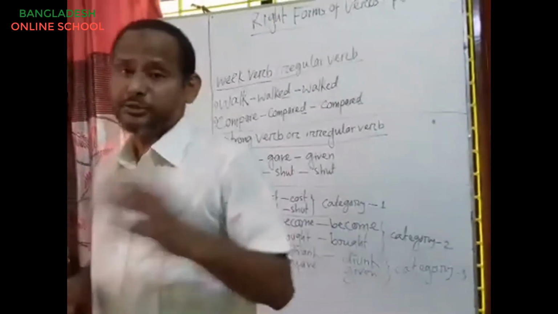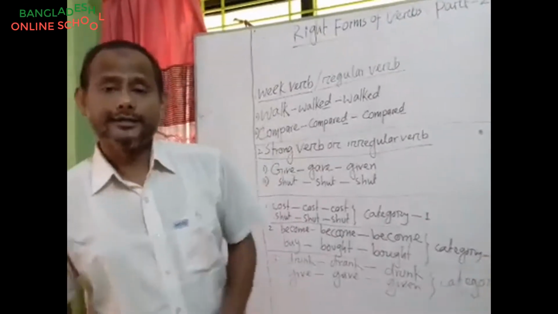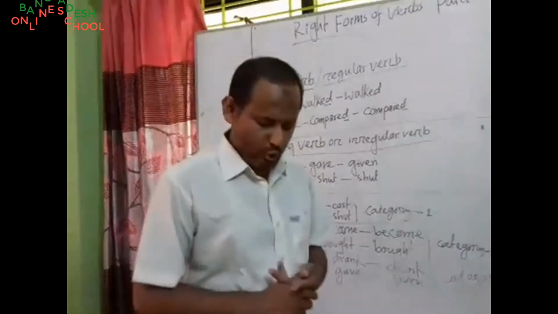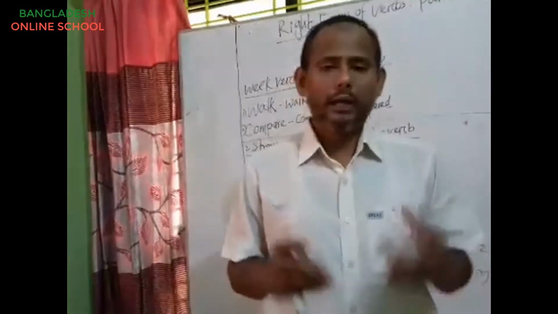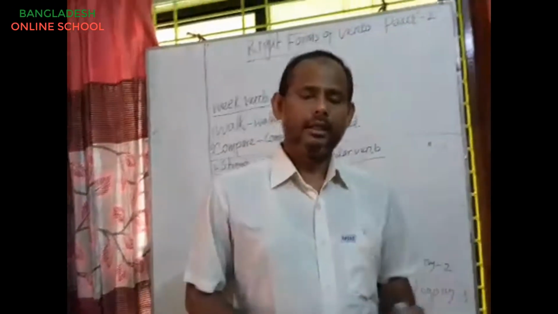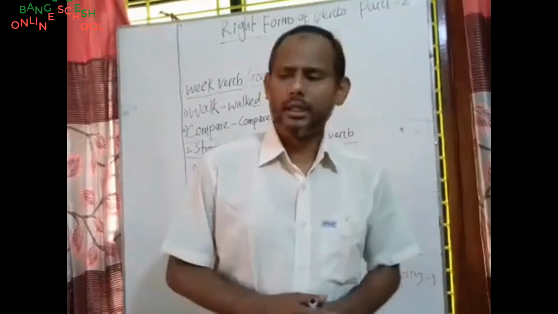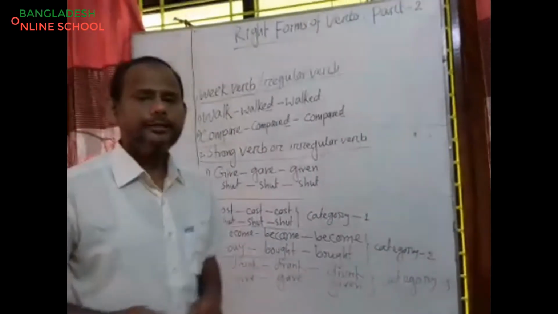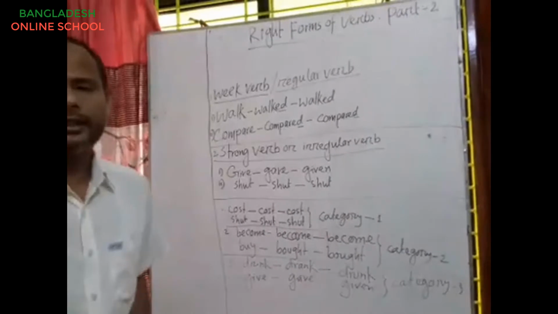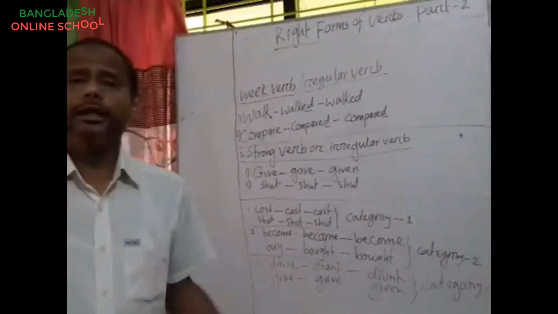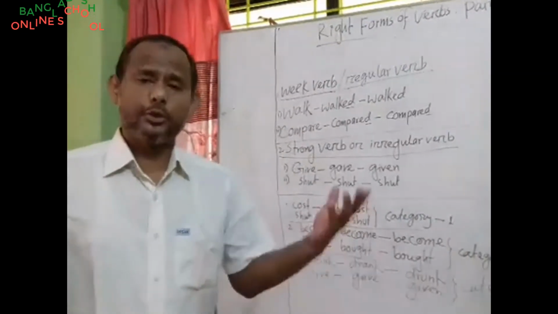And for further exposure, I suggest you read your grammar book. There is a chapter named conjugation of verb. You will read this chapter. I think you will get a better exposure.